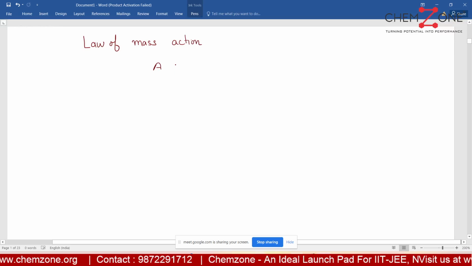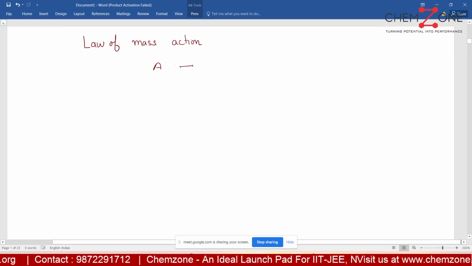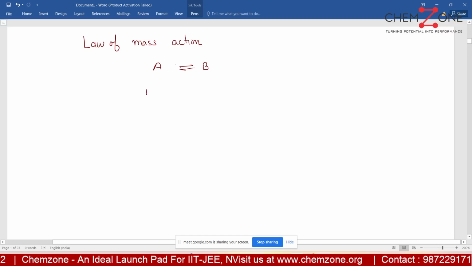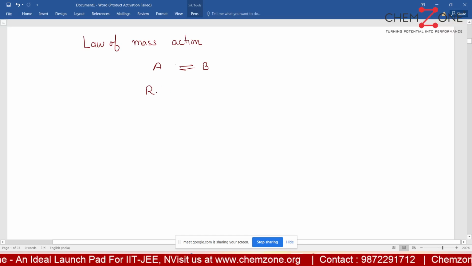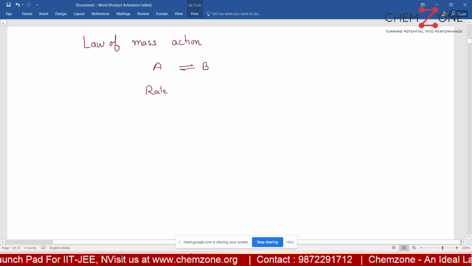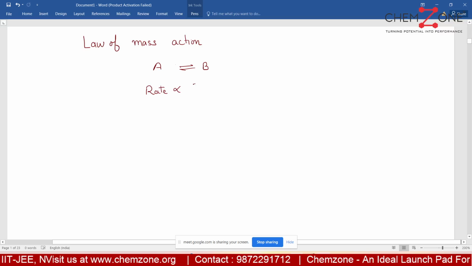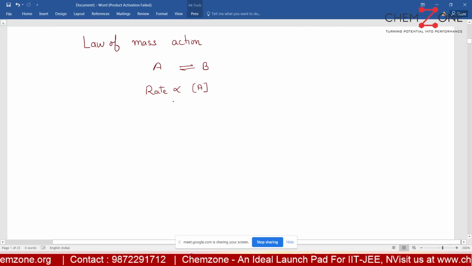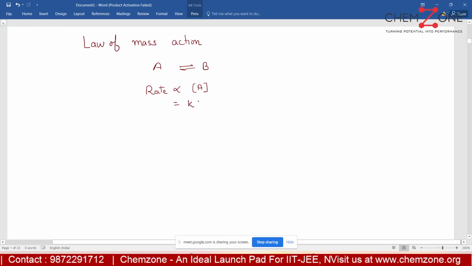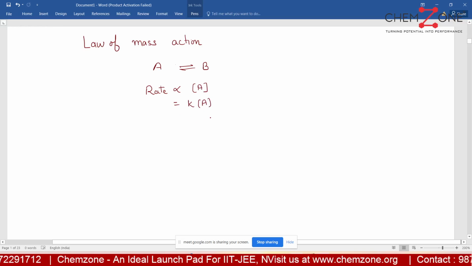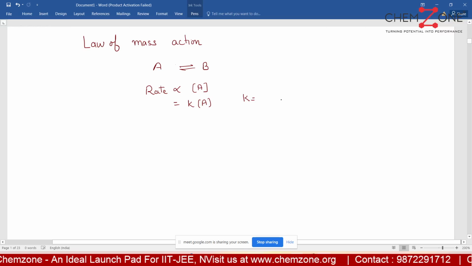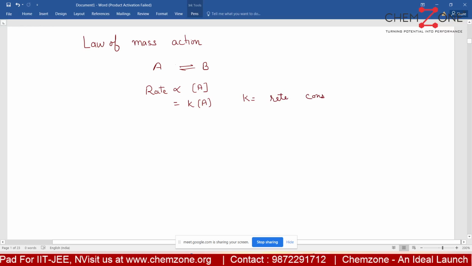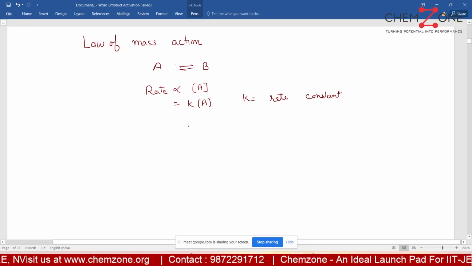Suppose I have A to give B. The rate at which A is converting into B is directly proportional to the concentration of A, equal to K into A. This K is called rate constant, right?